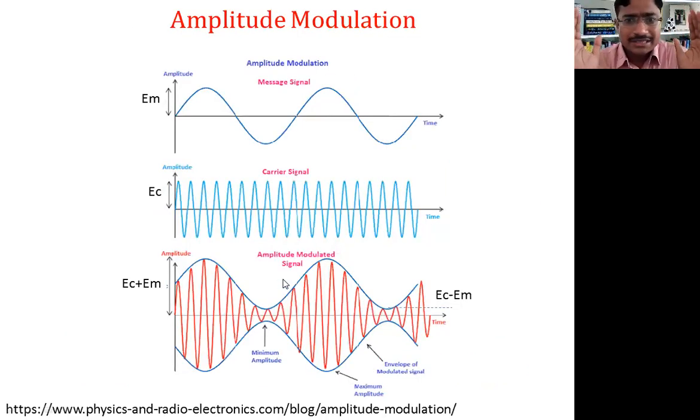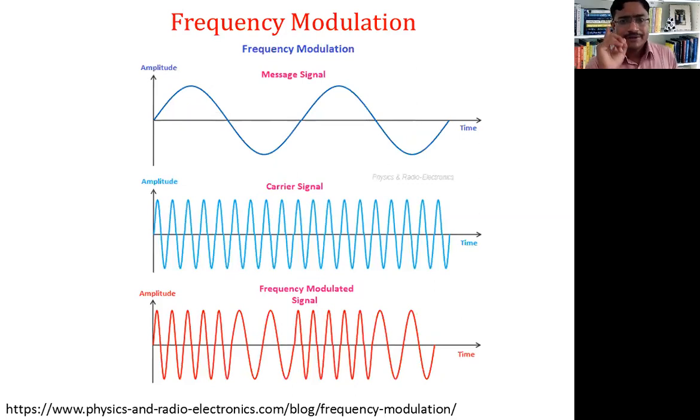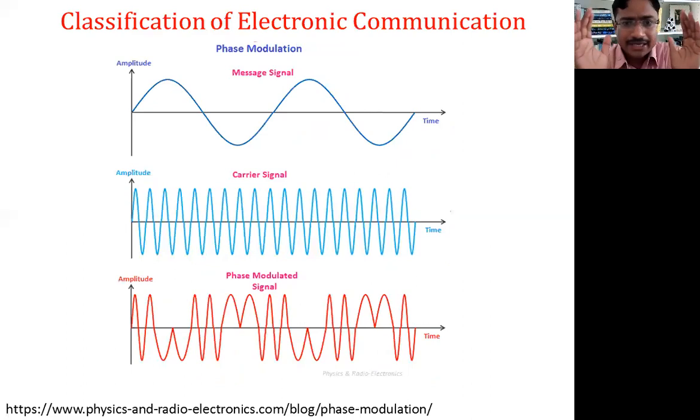Amplitude modulation is the process in which the amplitude of the carrier signal is varied according to the amplitude of the modulating signal by keeping frequency and phase constant, whereas frequency modulation is the process in which the frequency of the carrier is varied according to the amplitude of the modulating signal by keeping amplitude and phase constant, whereas in phase modulation, the phase of the carrier signal is varied according to the amplitude of the modulating signal by keeping its frequency and amplitude constant.